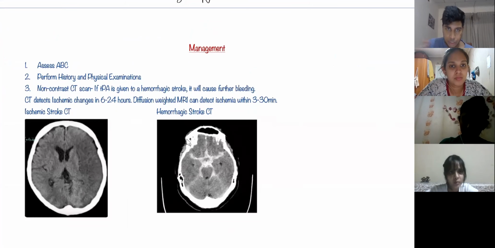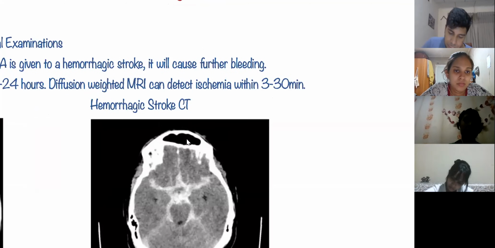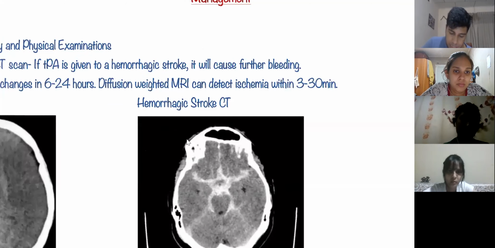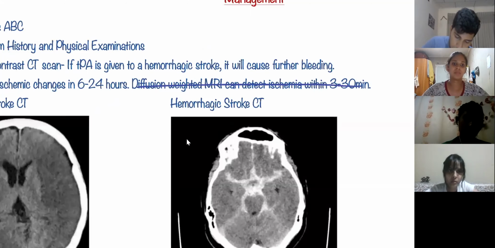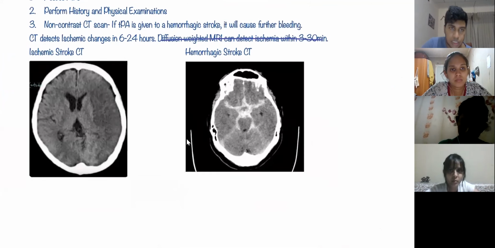In countries like Sri Lanka and around the world, you do a CT, not an MRI, because MRI is more expensive and not accessible to everyone. If you can do an MRI, you will see ischemia in 3 to 30 minutes, but that is out of the question. So CT will show hemorrhagic stroke immediately, but ischemic changes take 6 to 24 hours.